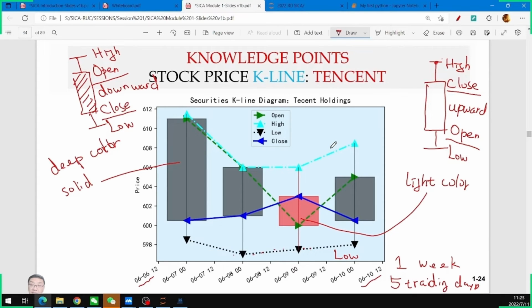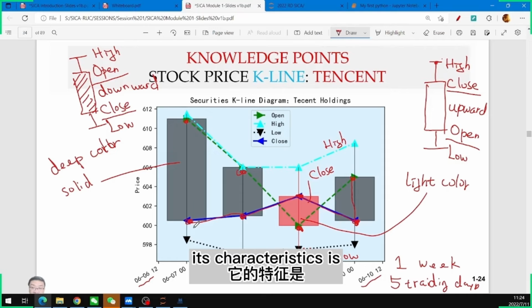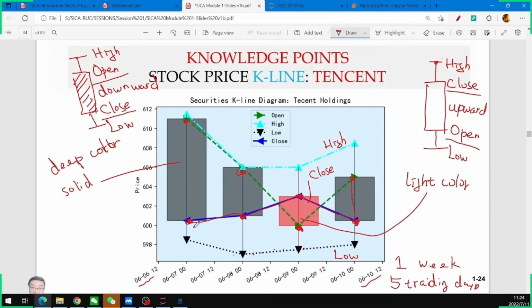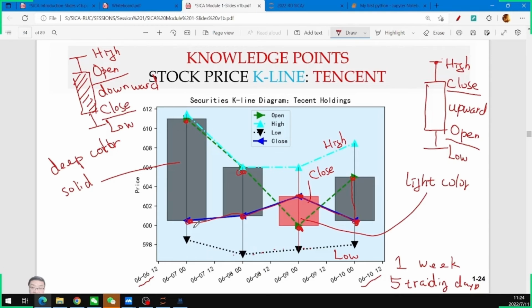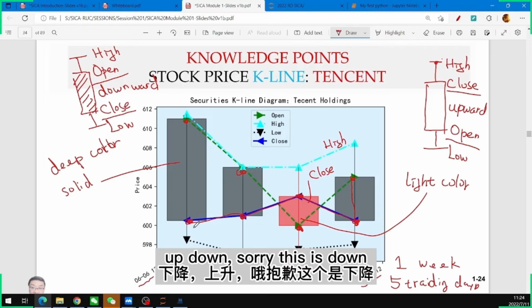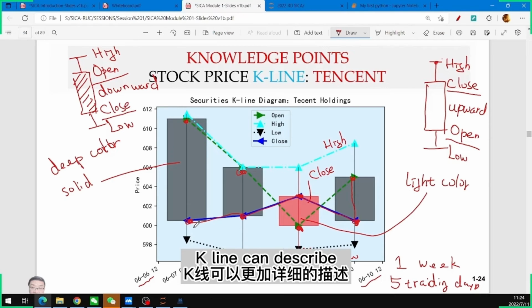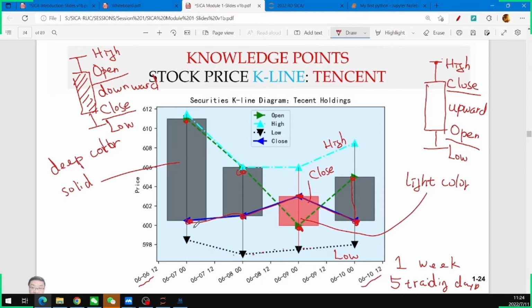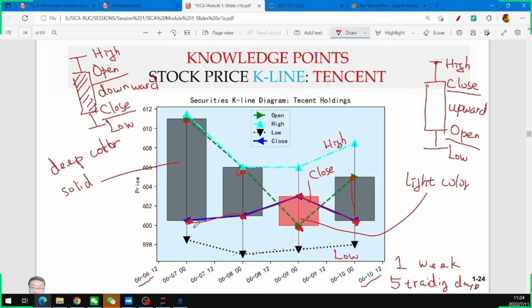So in terms of upward or downward trend in a specific trading day, its characteristics are: this day down, this day down, this day up, this day up, down, down, up, down. Sorry, this is down. In this way, the K line can describe the stock price movement in much more detail. It's very useful.